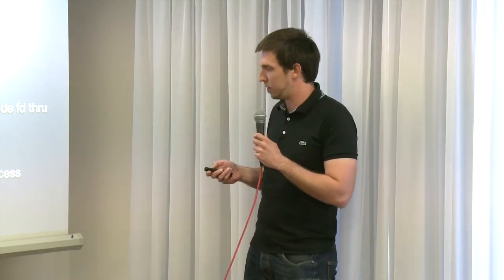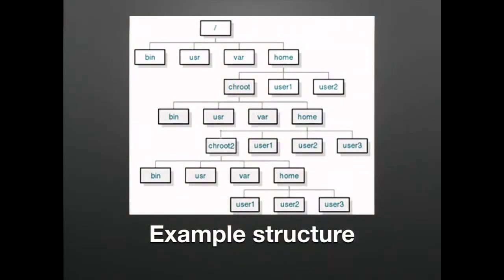So what we are going to do with this technique is, we have the original environment here. We have the chroot environment where our user is logged in, and we want to break out, right? So we are just executing a binary that will do just a fork.